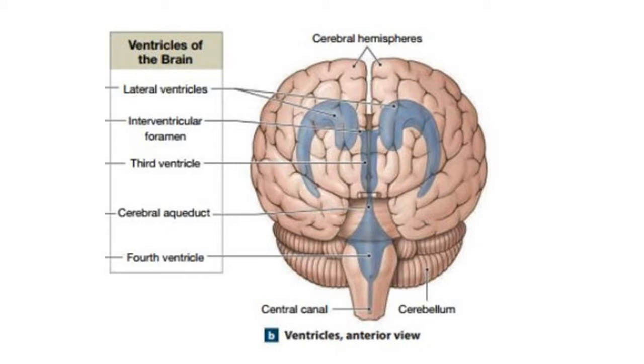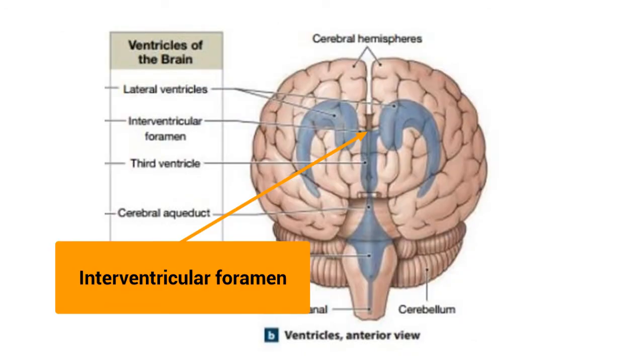Let's see the same structures through the anterior view. These 2 are lateral ventricles. You can see one on the right and one on the left. In between the 2 lateral ventricles, there is the interventricular foramen. So this interventricular foramen connects the 2 lateral ventricles to each other as well as to the third ventricle.